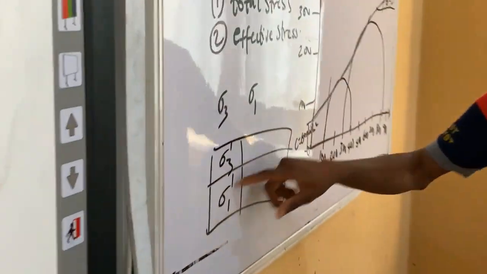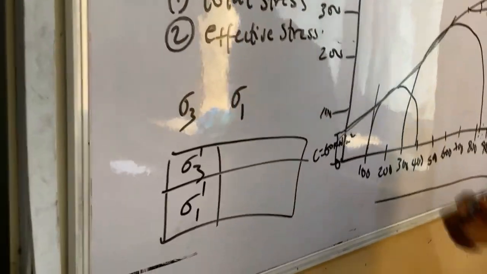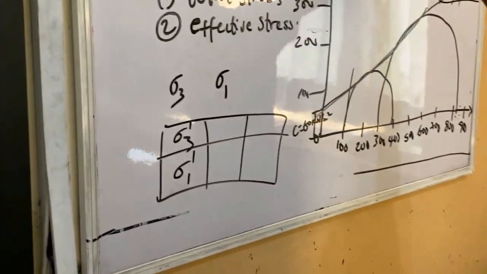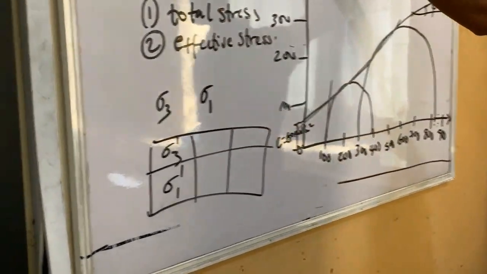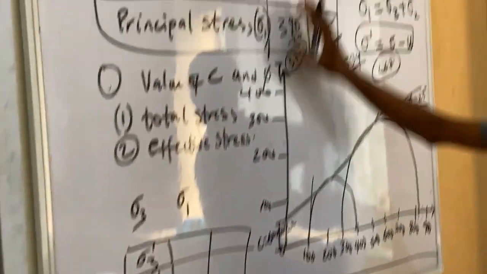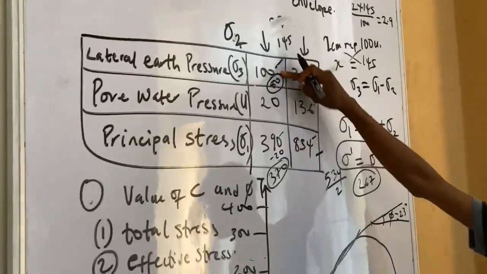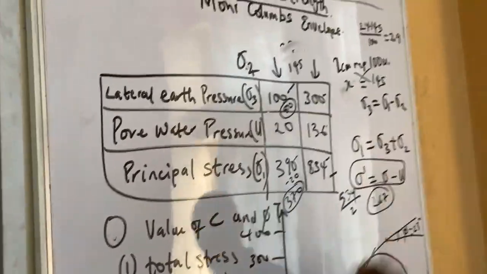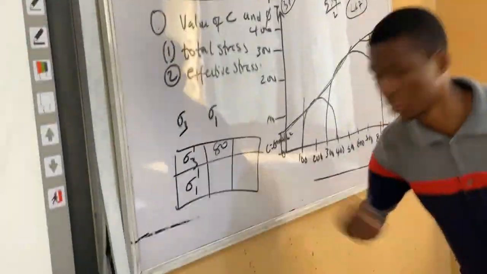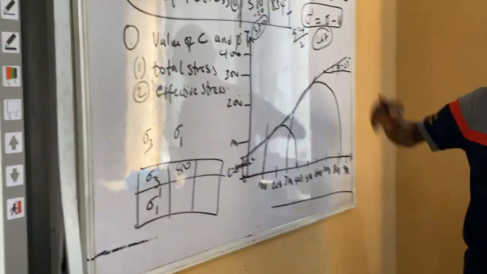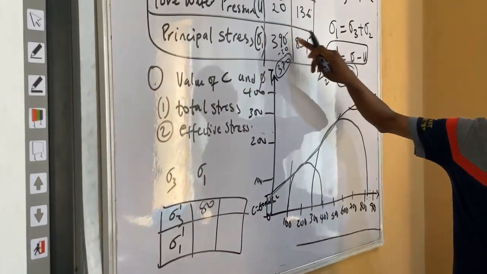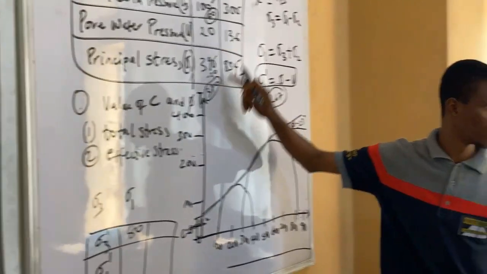This gives us effective stress. So first one is 100 minus 20, the pore water pressure on that row. 100 minus 20 gives you 80. Then 390 minus 20 gives you what?